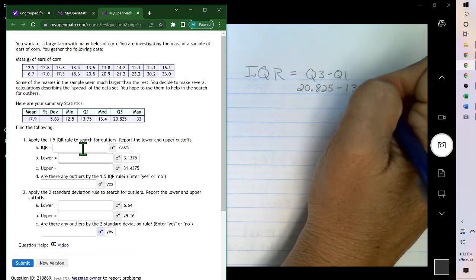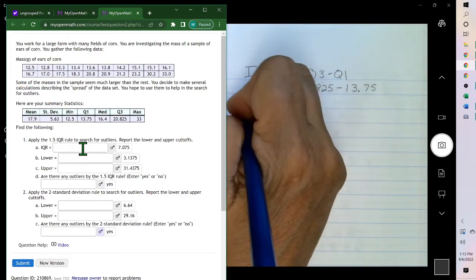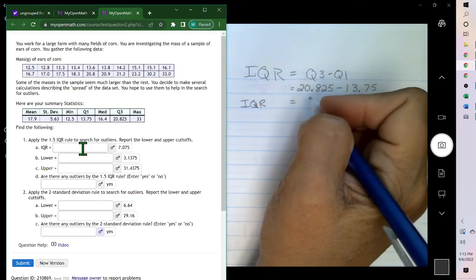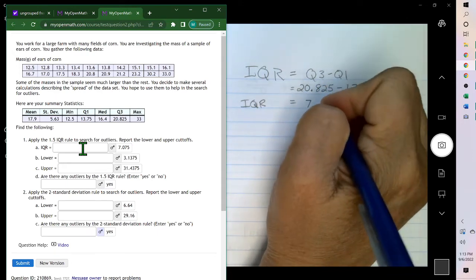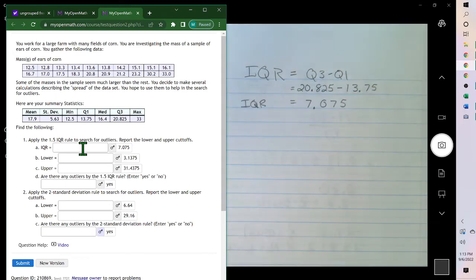If we subtract them, the IQR is 7.075. That's called the interquartile range, and it's telling you the spread between the upper and lower quartile.